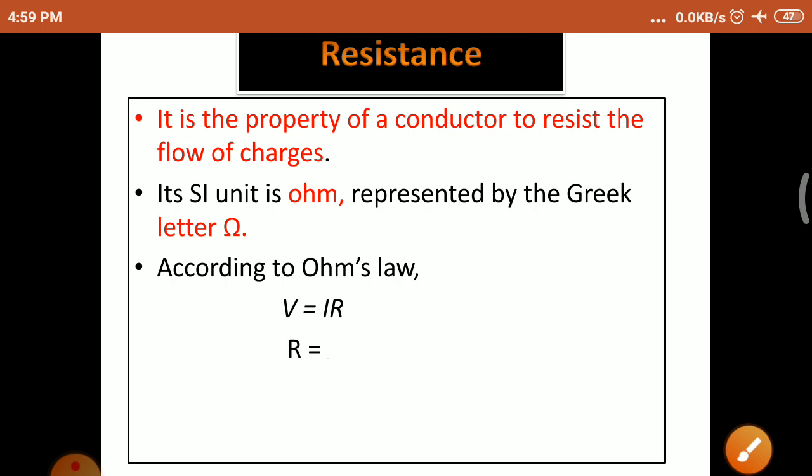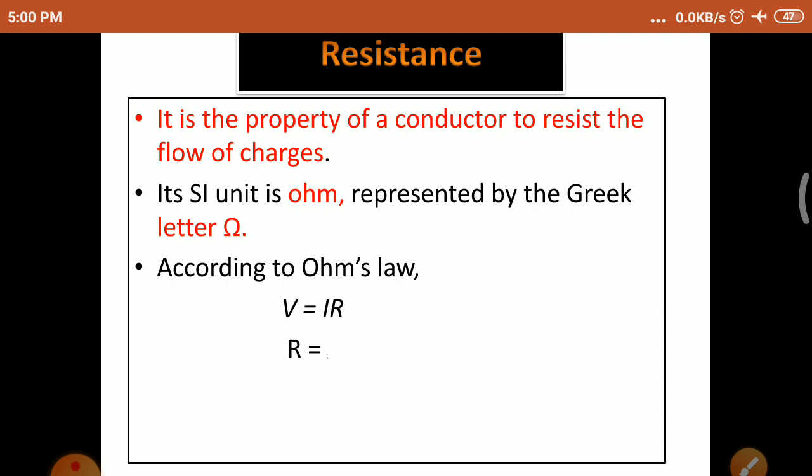When we connect the resistor in the conductor, it resists the flow of electric charge. And the resistor is nothing but like a speed breaker. When we put a speed breaker on the road, the speed breaker reduces the speed of the vehicles. Similarly, when we connect the resistor in the circuit, it resists the flow of electric charge.